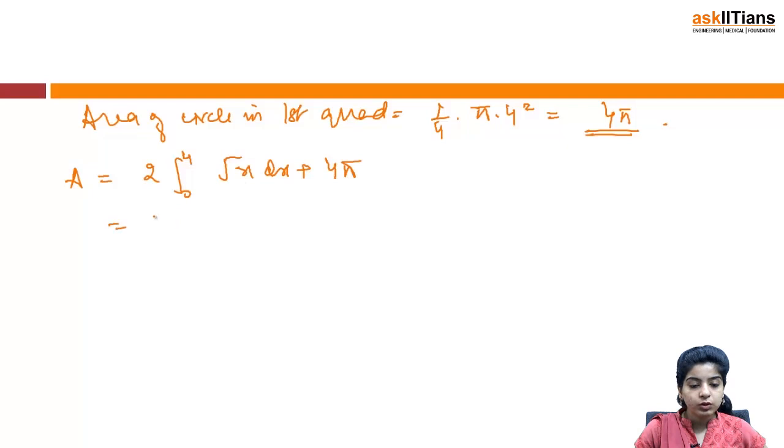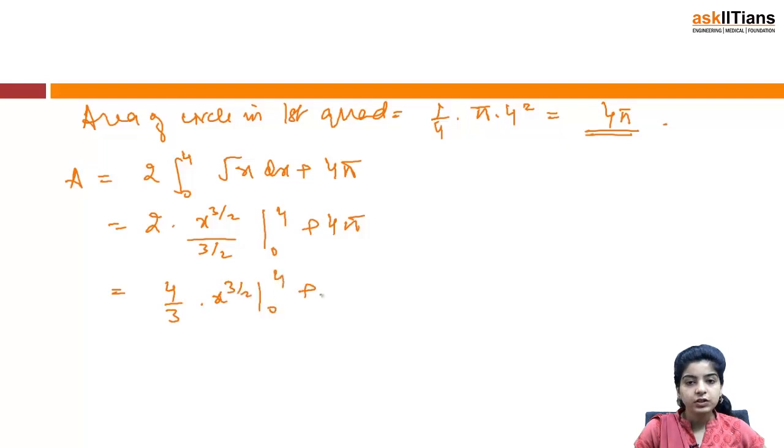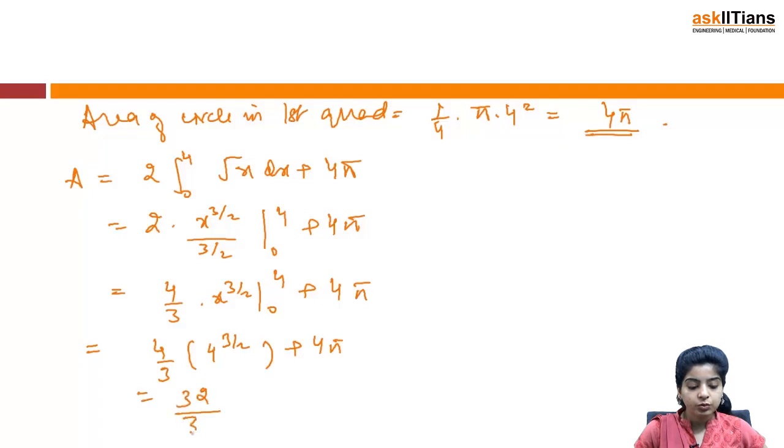So this would be equal to 2 · (2/3)x^(3/2) from 0 to 4 plus 4π. So this is basically 4/3 x^(3/2) from 0 to 4 plus 4π, and this is 4/3 · 4^(3/2) plus 4π. This comes out to be 32/3 + 4π square units.